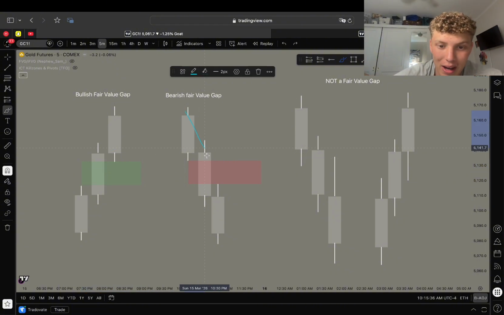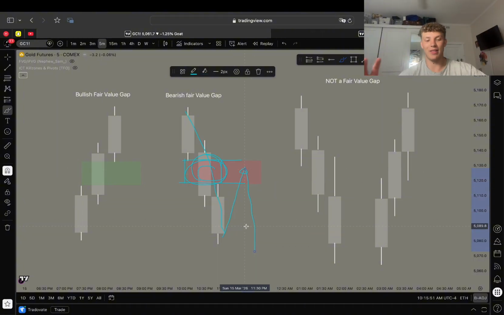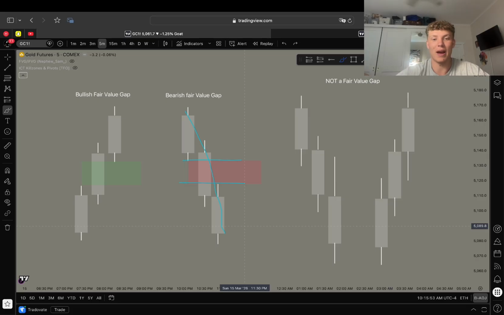And then a bearish fair value gap, same sort of scenario. The wick, as we can see there, bang, our fair value gap. This is where fair value is. We would look to trade back into this fair value gap and then displace lower. That is what fair value gaps are made for, an imbalanced price range.